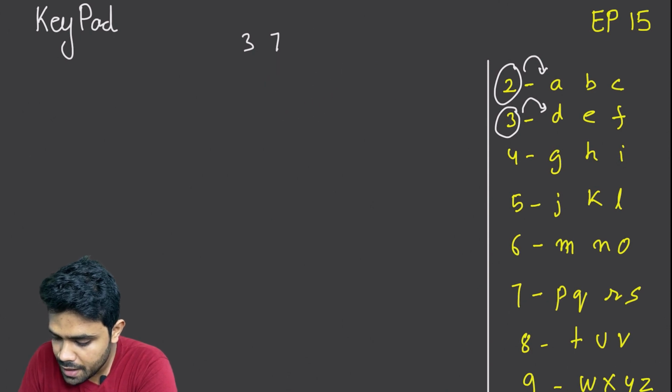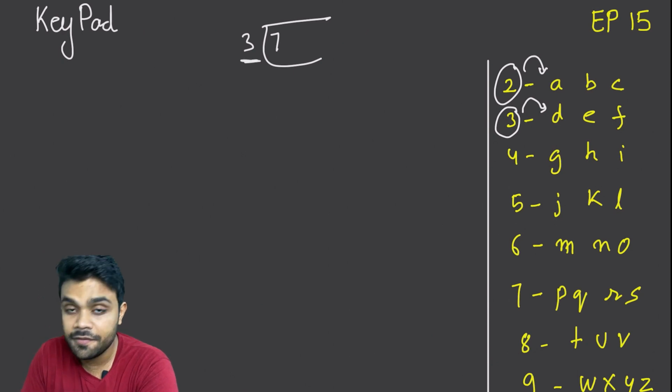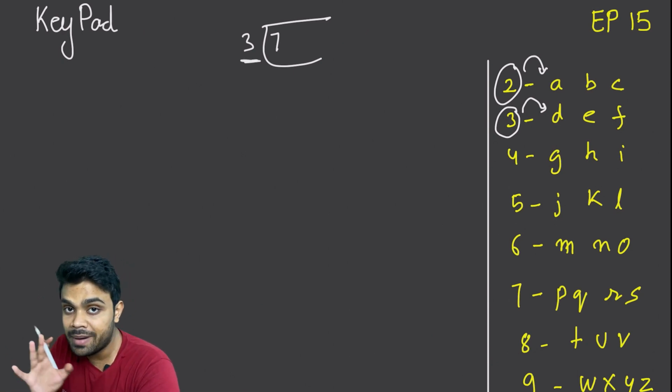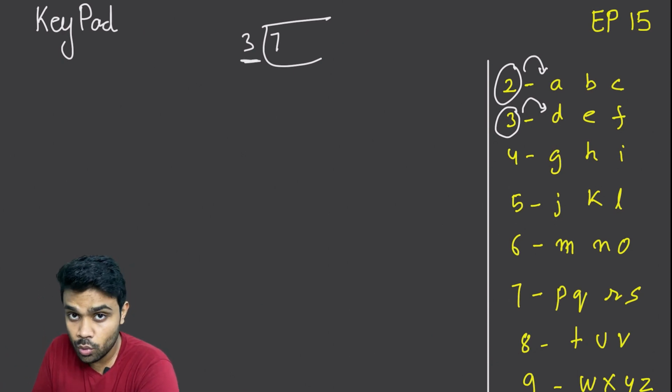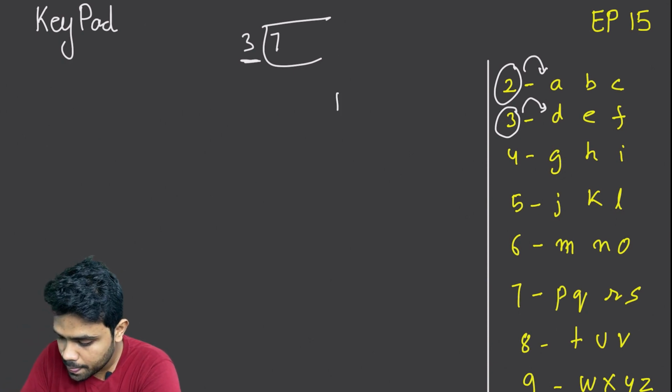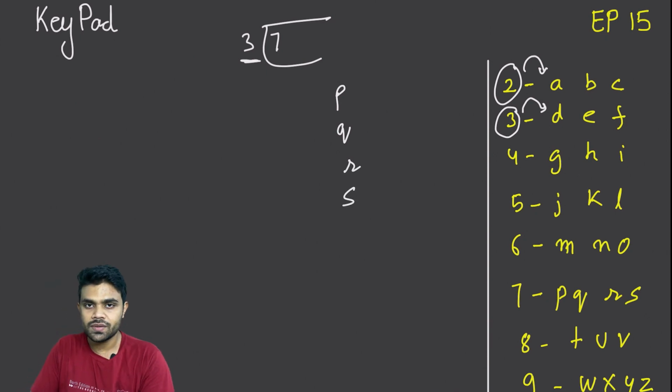If somebody returns me the answer for the remaining part except the first element, so the remaining part is 7 only. For 7 the options are going to be only P, Q, R and S. These are the only 4 options for 7 alone.